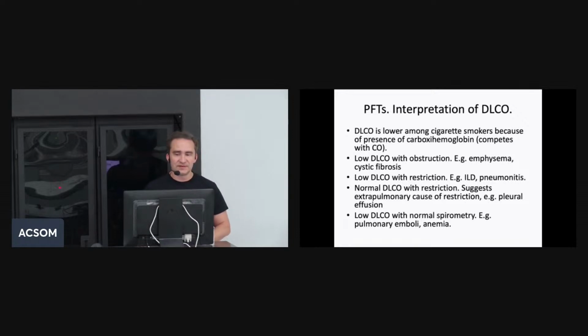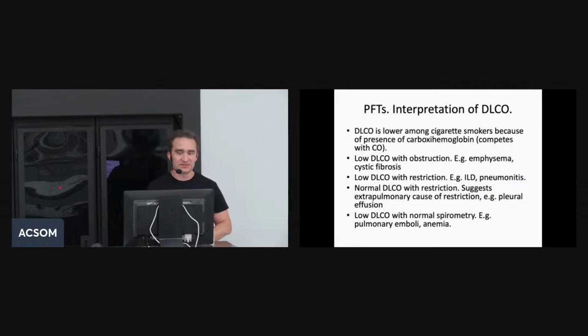So there are conditions you need to think about when interpreting diffusion capacity for carbon monoxide. It will be lower among cigarette smokers because of the presence of carboxyhemoglobin, which competes with CO. It can be lower with some obstructive diseases like emphysema because you have less surface for gas exchange.